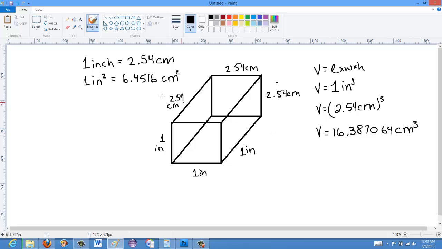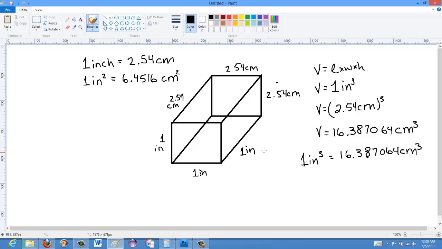Then I can take this rate: 1 inch cubed is equal to 16.387064 centimeters cubed.